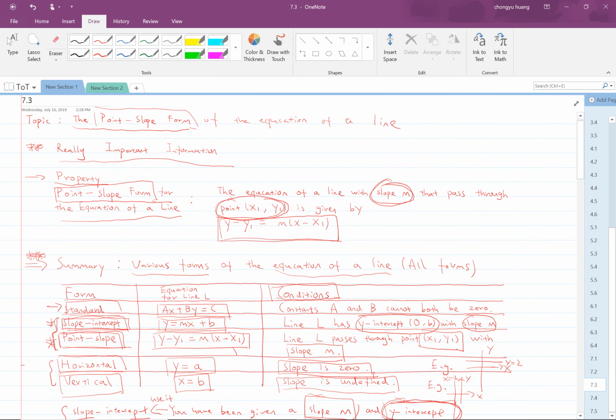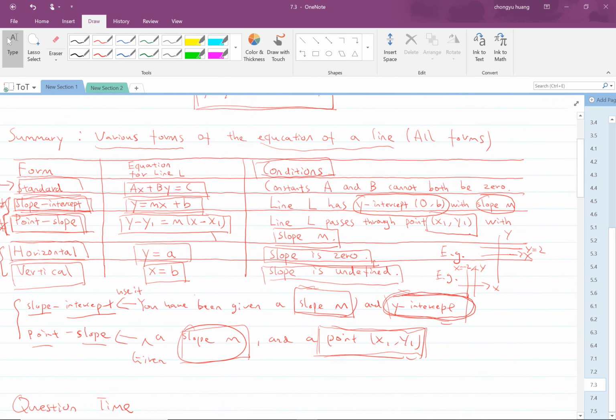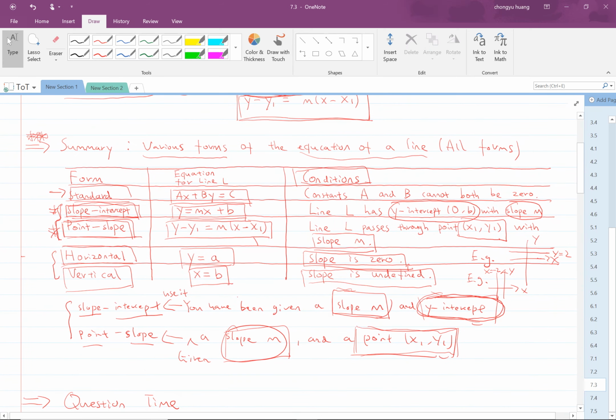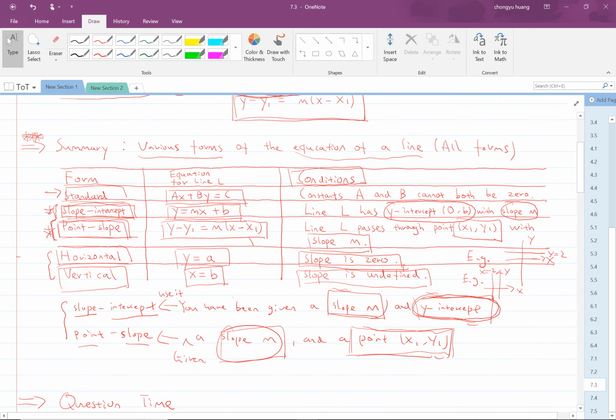So in this section we have been talking about the point slope form, right? At the beginning we talked about the properties of the point slope form, and after that I gave you some summary of all the forms, and how you can memorize them.